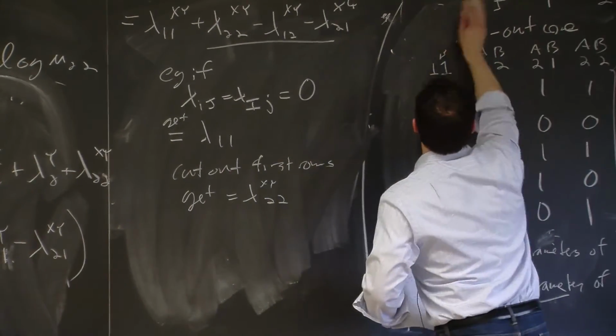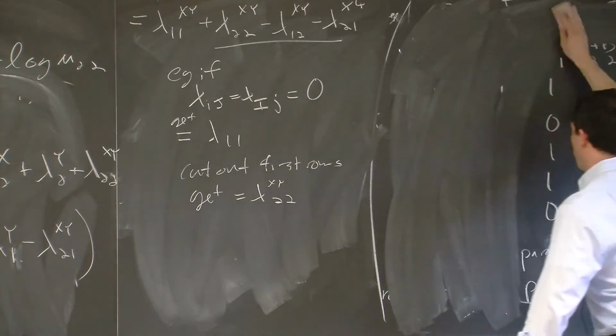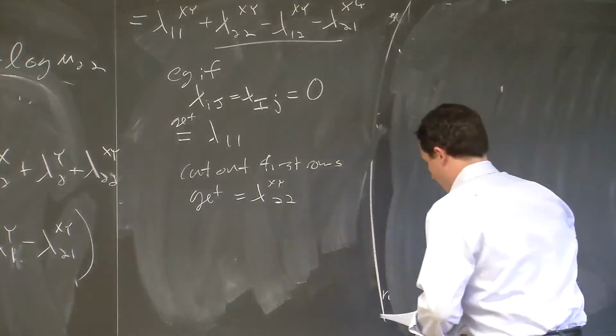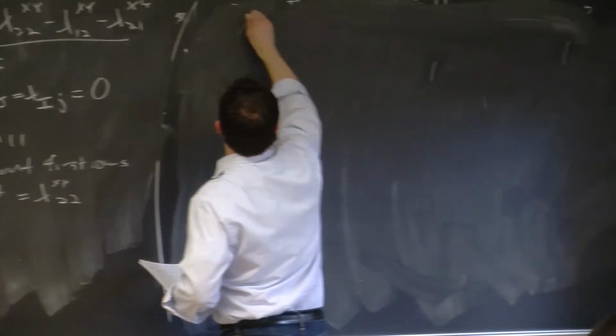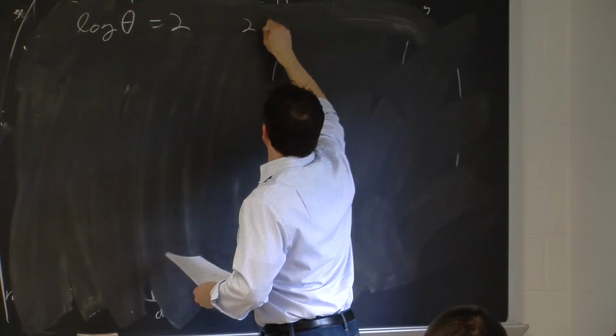So just a quick example, and I'm done. Suppose I have a 2x2 table, and the log odds ratio is 2.